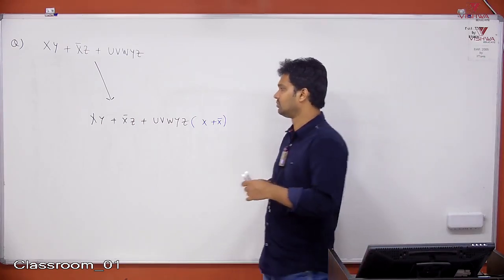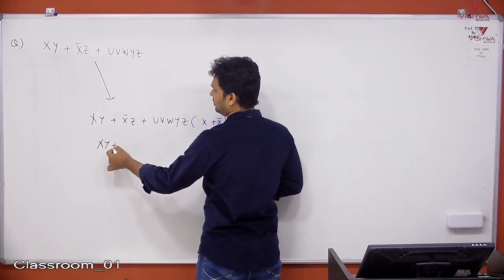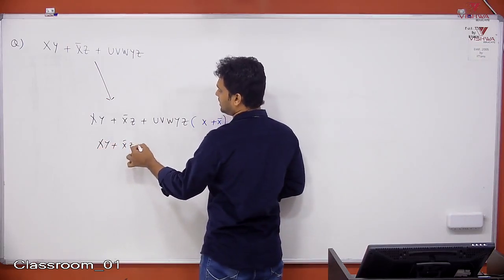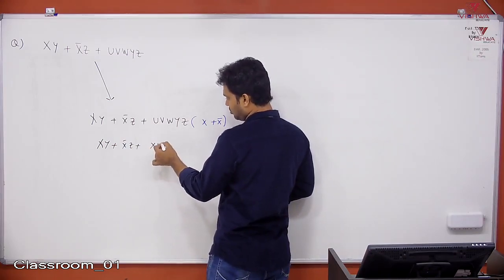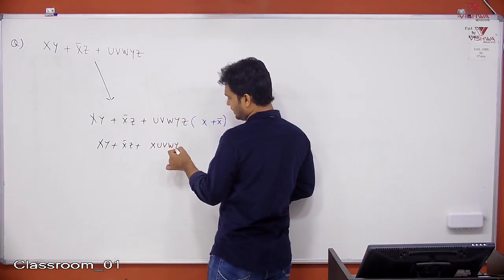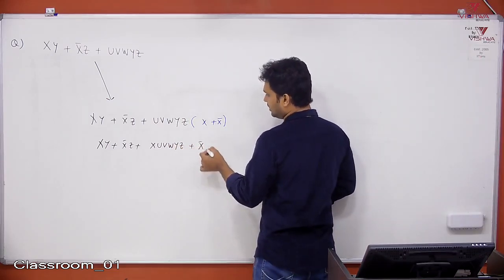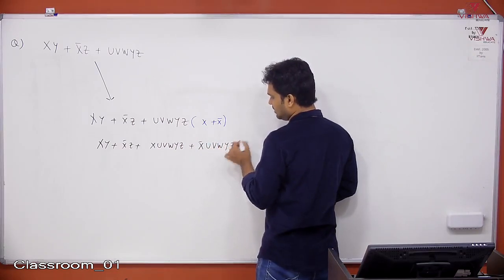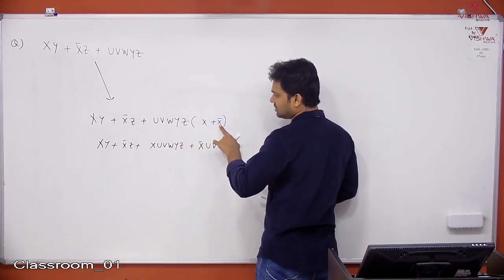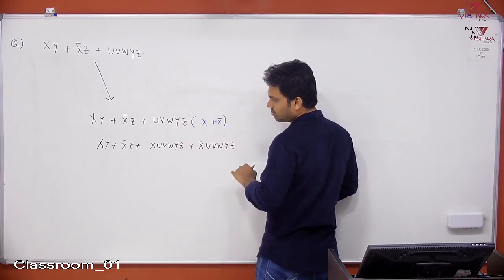Then xy, x bar z, x into u, v, w, y, z, x bar into u, v, w, y, z. Is it okay? X plus x bar is 1, and 1 into anything is the same. So I am expanding by the distributive property.